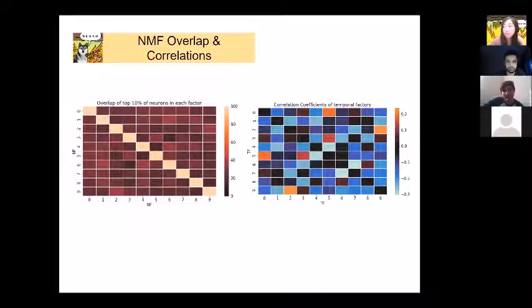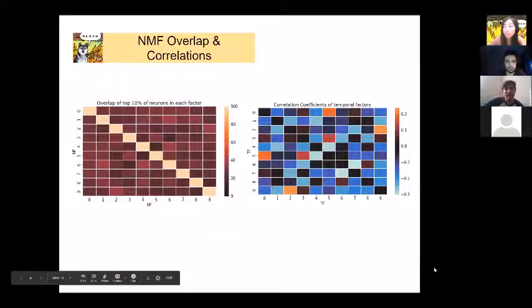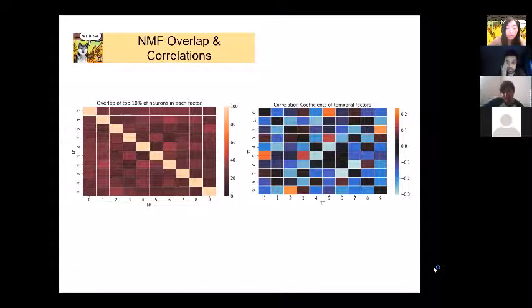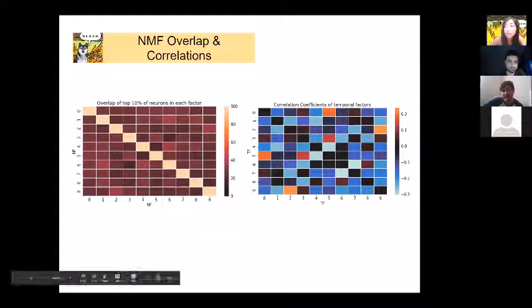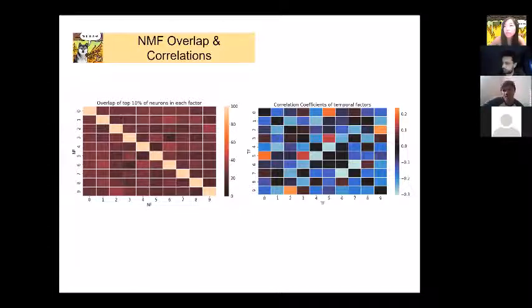Maybe 20 to 40% of neurons are in other factors. And then we also looked at the temporal factors. We just did a simple Pearson correlation between each temporal factor and tried to find if there was any correlation in time. Mostly what we see is that most of the factors are negatively correlated. There are some that are positively correlated, but it will require further investigation to understand the meaning of these correlations.